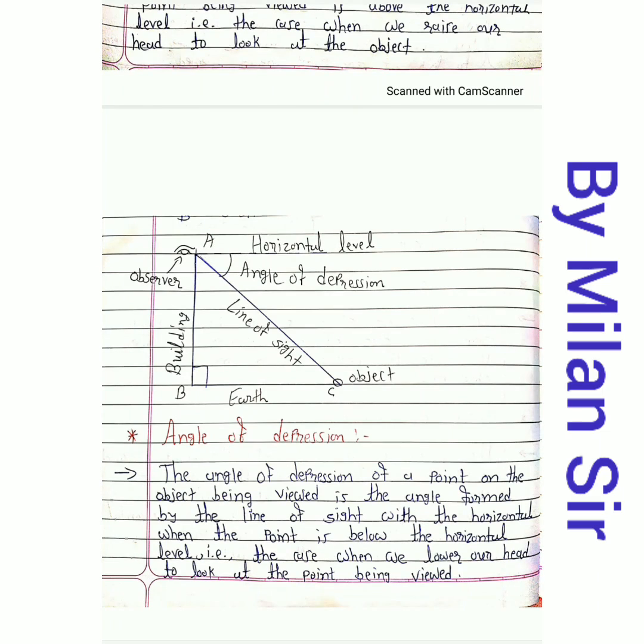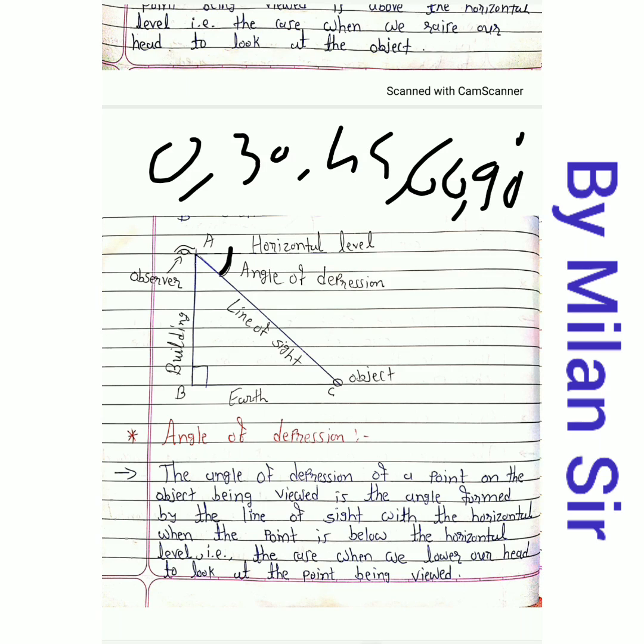Here we are talking about angles, but we know the values of trigonometric ratios at some specific angles: 0, 30, 45, 60 and 90. But here there is no use for angles 0 and 90. At angle 0 only a horizontal line is there, and at 90 degrees only a vertical line, so neither forms a right angle triangle.